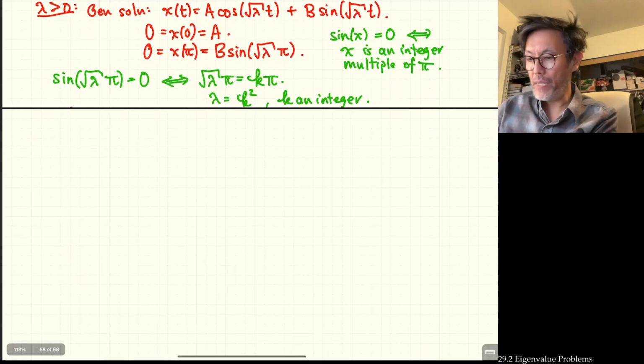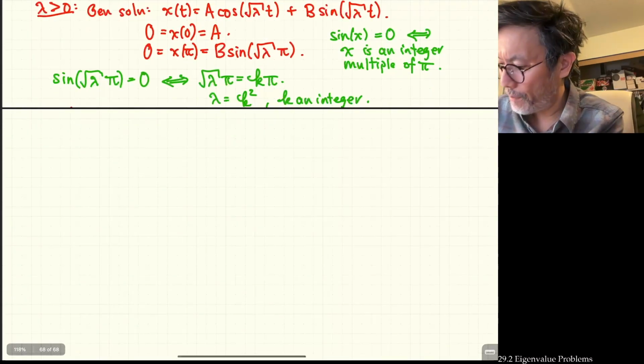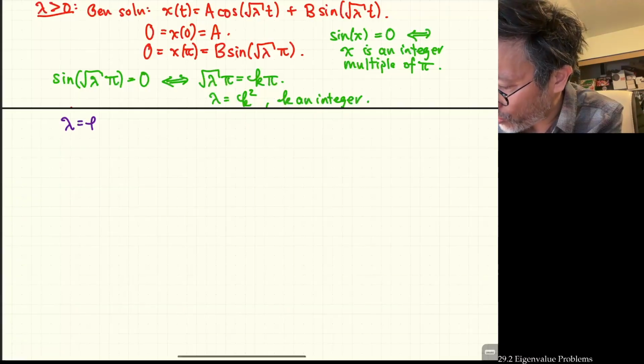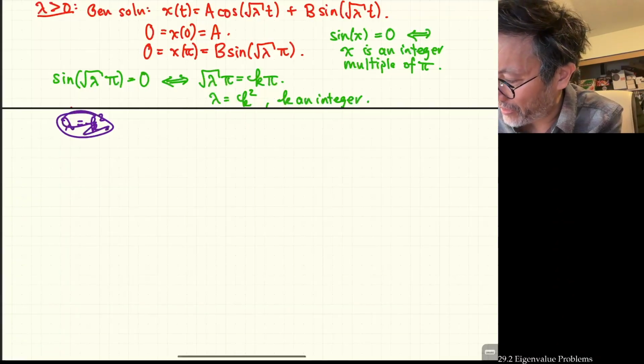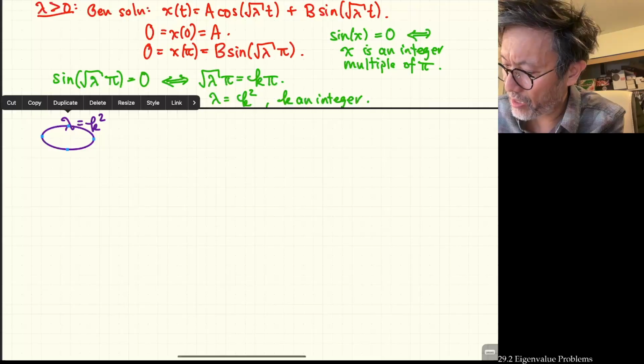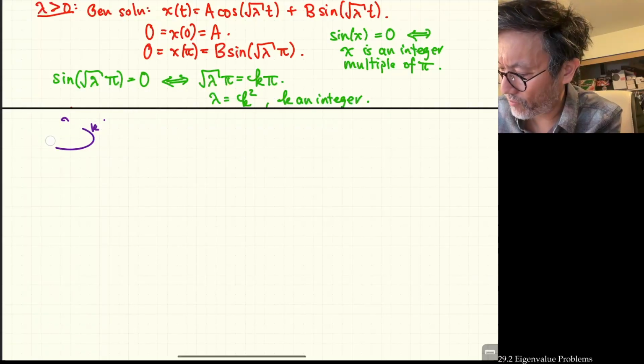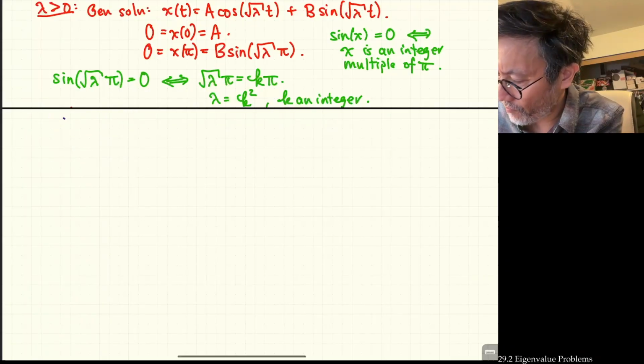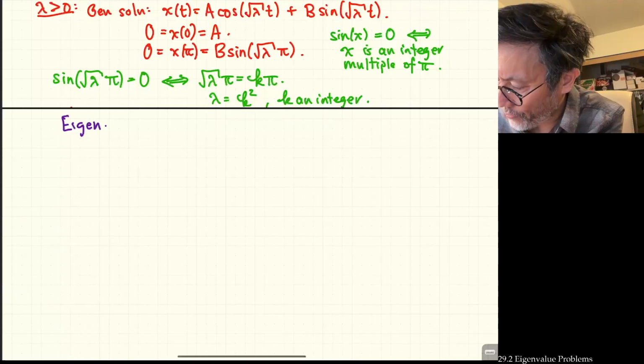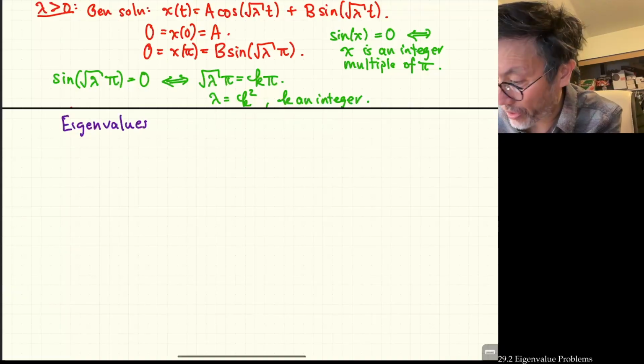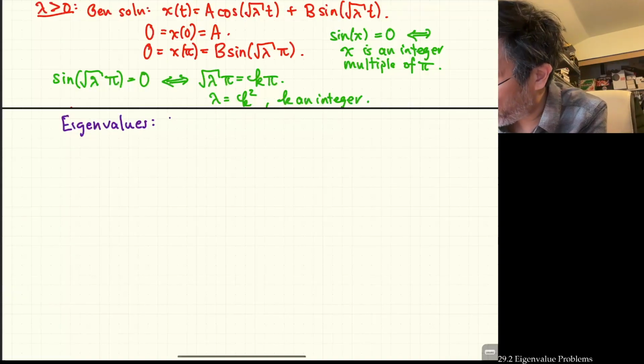What this means, the conclusion that we draw, is that the eigenvalues for this boundary value problem, when lambda is positive, are lambda equal to k squared.